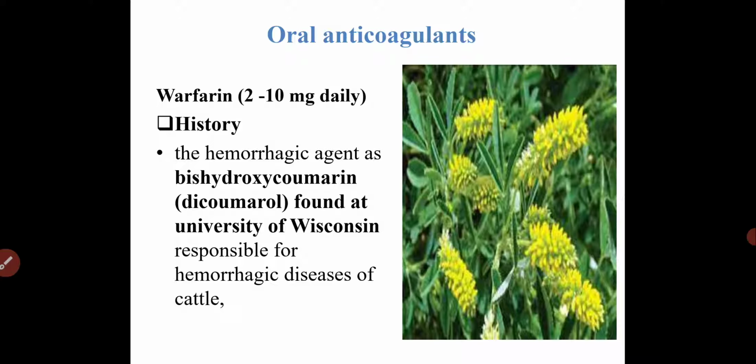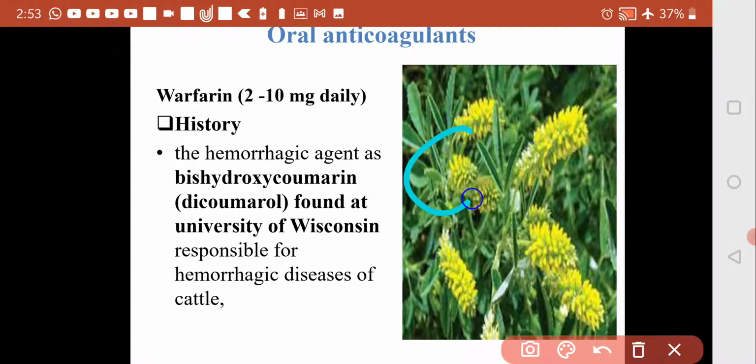Okay, so warfarin, if we look at the history, it is responsible for the hemorrhagic disease in cattle. This is a grass, and this grass is responsible for the hemorrhagic disease in the cattle.